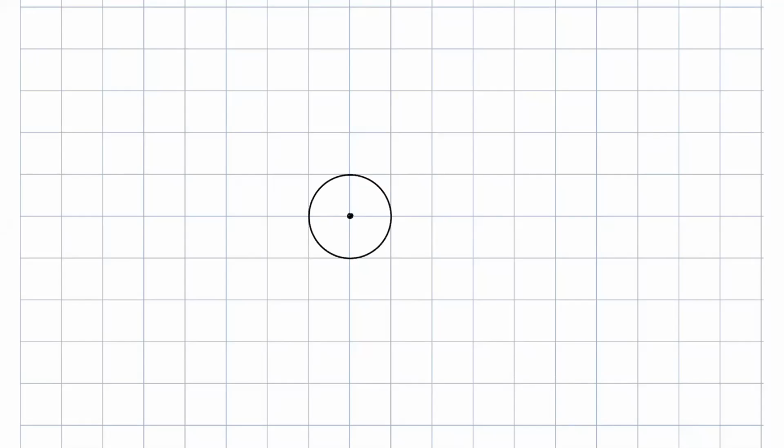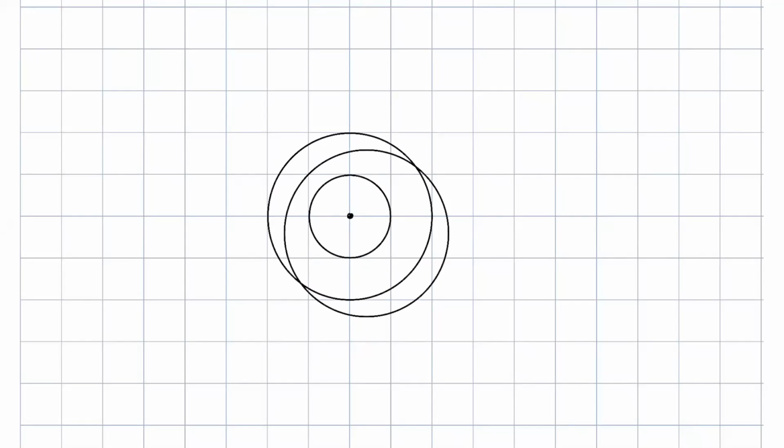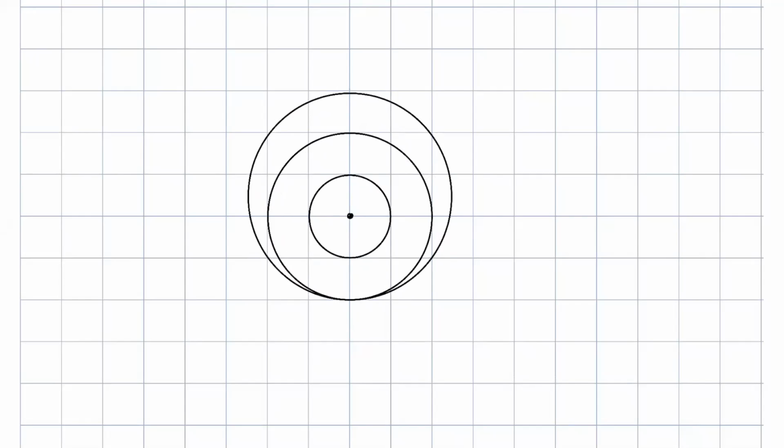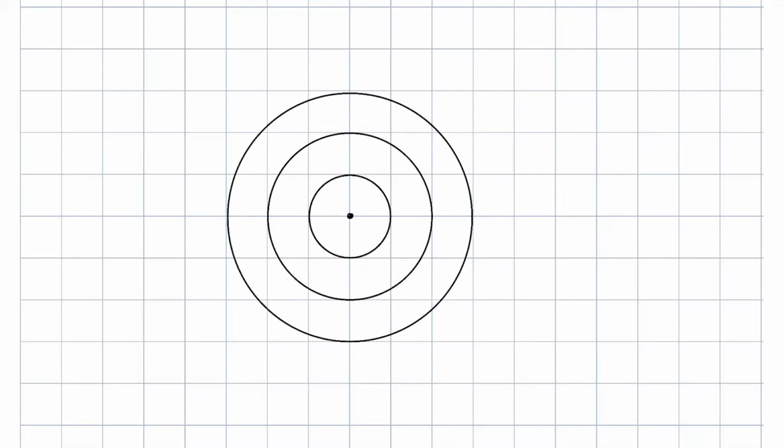Right, so what I'm going to do is I'm going to draw here these different wave fronts. And I'll duplicate that again.